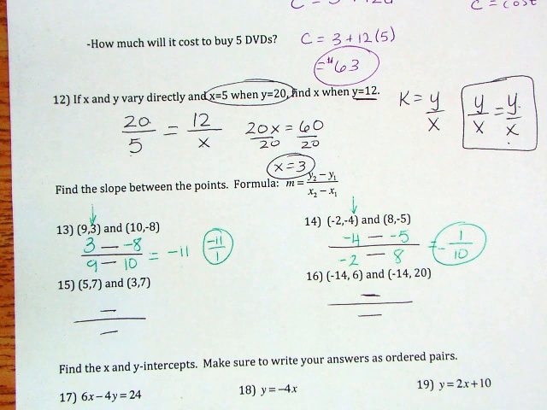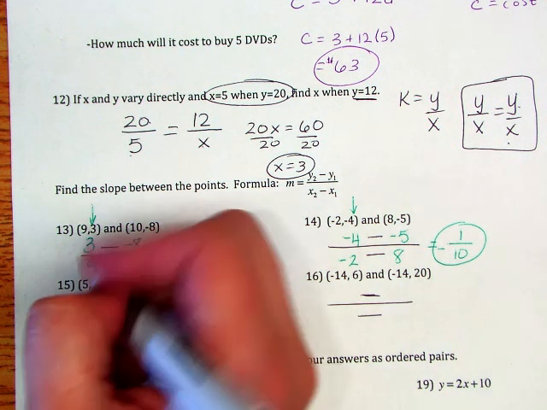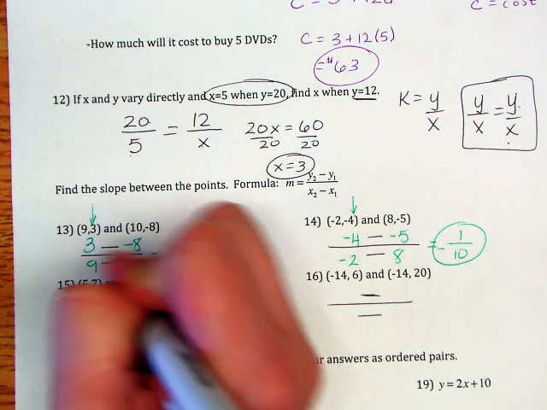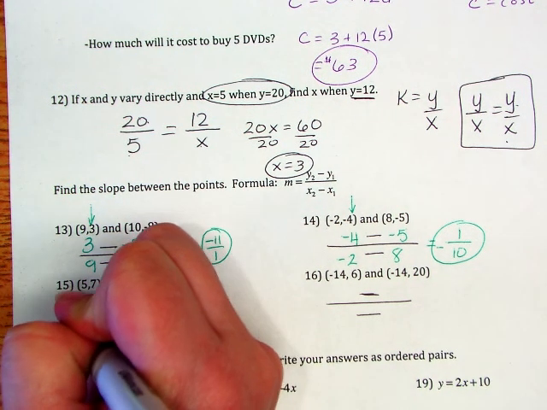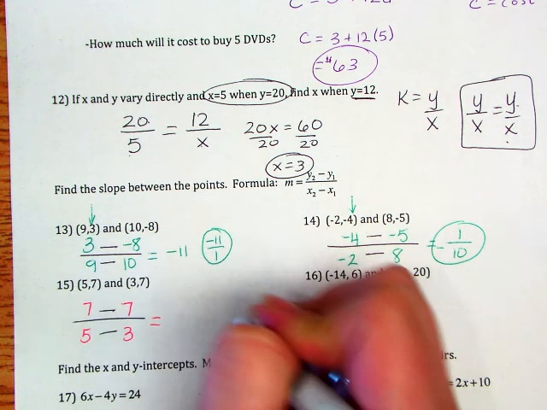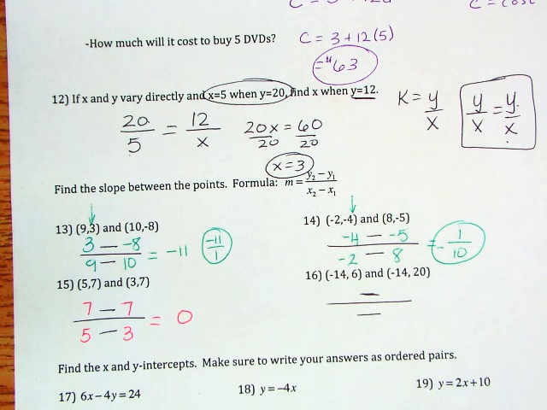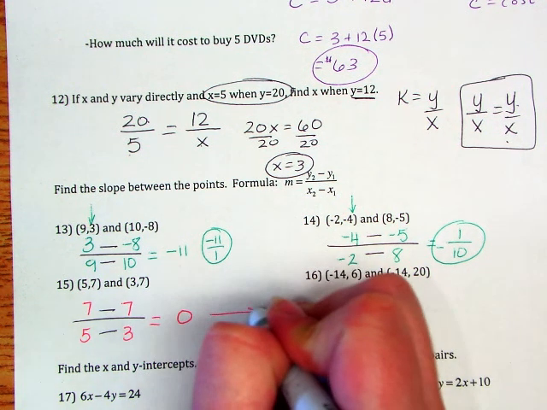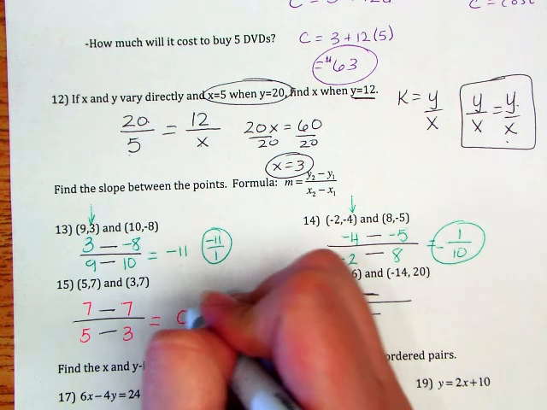Now, the next problem, I'm going to switch colors on purpose. If I start with the 7 and put in the 7, and 5 minus 3, when I put it in the calculator, I'm going to get 0 out. Now that we've covered graphing slope, we know that this would be a constant slope, so the answer can be 0.